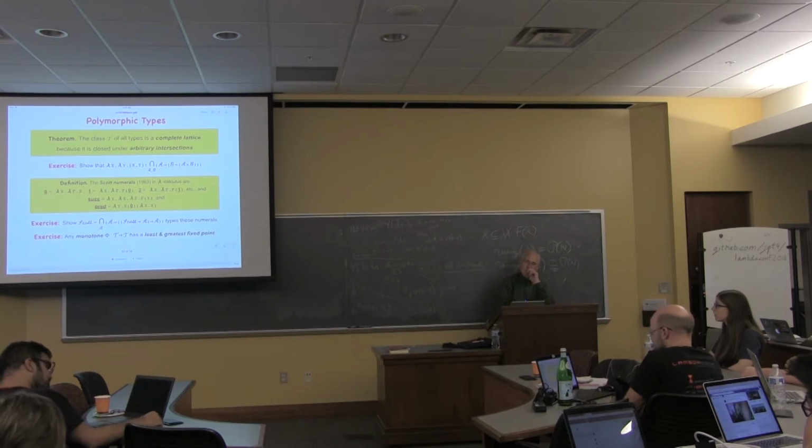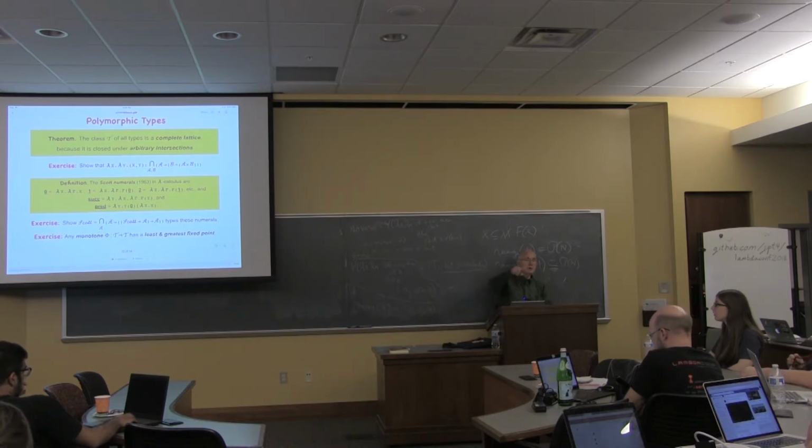And so I mentioned something about polymorphism. For example, the pair combinator, where you take the pairs on the power set of n, has many different types. No matter what A and B you choose, it will always have type A arrow B arrow A cross B. A very interesting question, and I don't think I can solve it, is what other elements of the type, the intersection of all those function spaces over all A and B, are there?